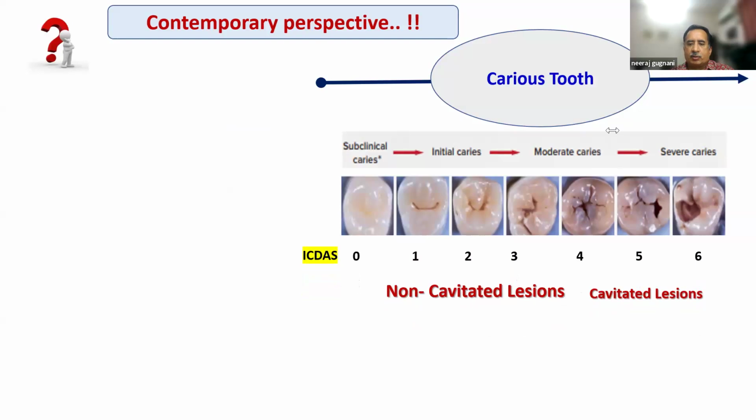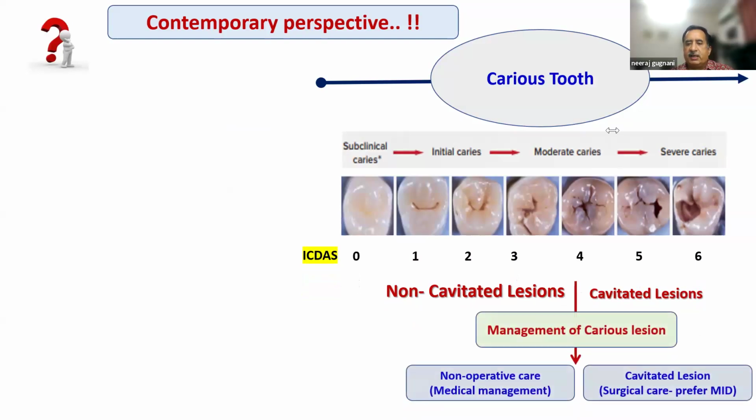This ICDAS scoring system, and the integrated ICCMS system, clearly tells us that for all these non-cavitated lesions, we have to follow our medical management model, that is non-operative care, and only for the cavitated lesions, we have to follow surgical care using the principles of minimally invasive dentistry. So these are the two broad aspects.